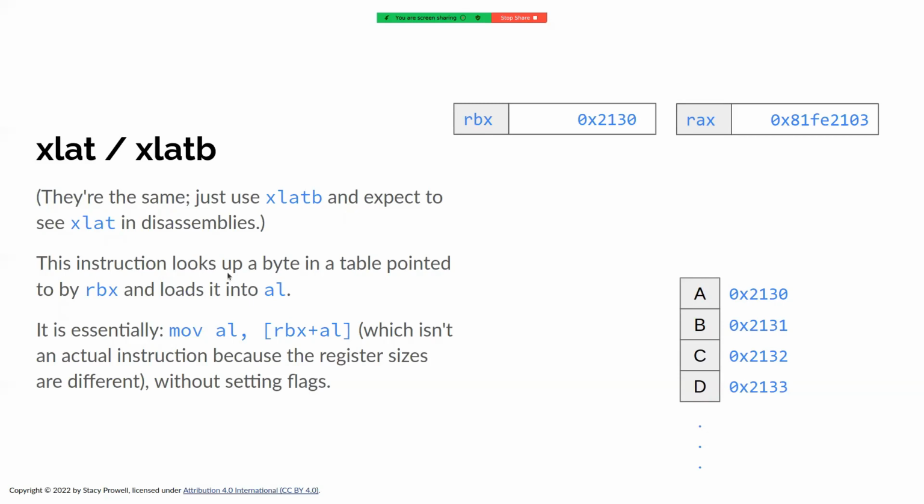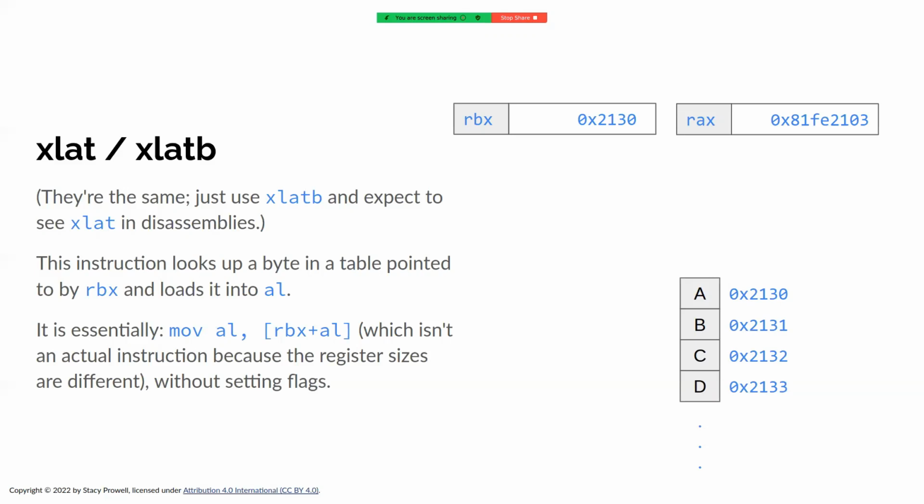And what does it do? It effectively does this, the thing we just looked at on the previous page. It takes RBX, it adds AL to it, it takes the byte at this address and puts it in AL. And you can't actually do this. This is not an instruction that will assemble. You should try it and see. I always advocate trying stuff that doesn't work, because then you'll learn what the error message looks like when that thing doesn't work.